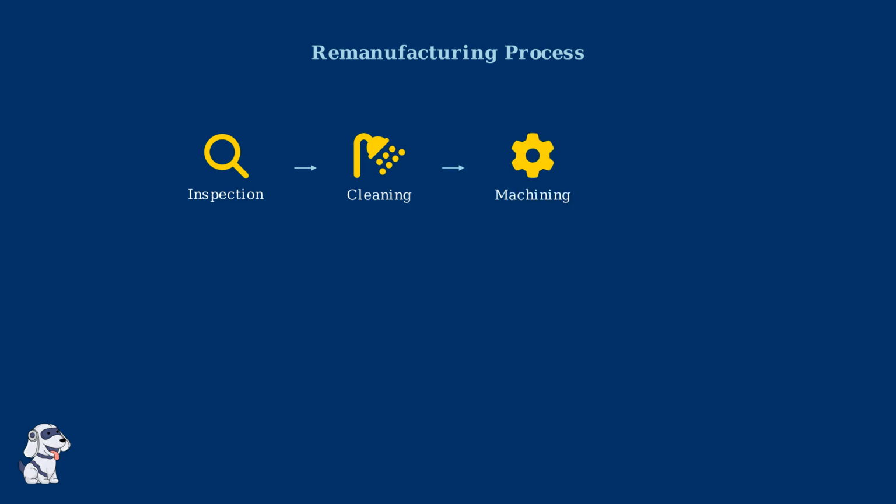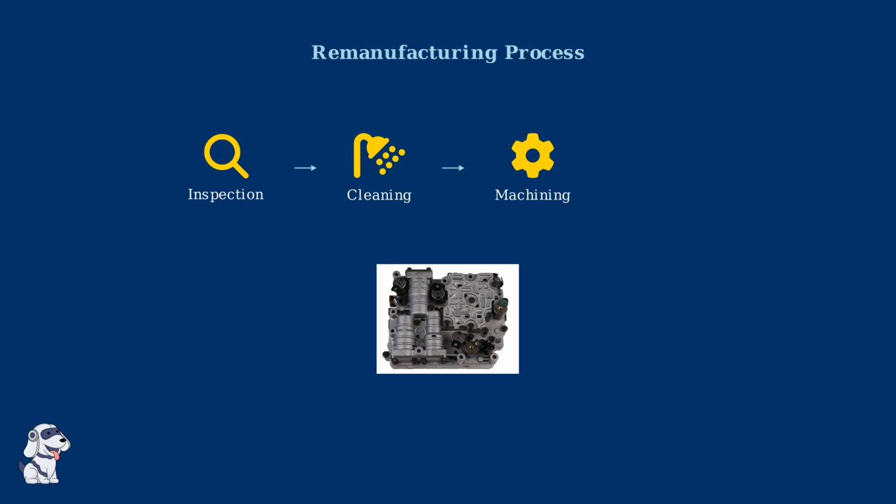Here we see a complex valve body assembly that would undergo this remanufacturing process. Notice the intricate network of channels, ports, and electronic components that must be carefully restored. Precision machining restores worn surfaces to original specifications, followed by comprehensive testing to ensure proper function and reliability.